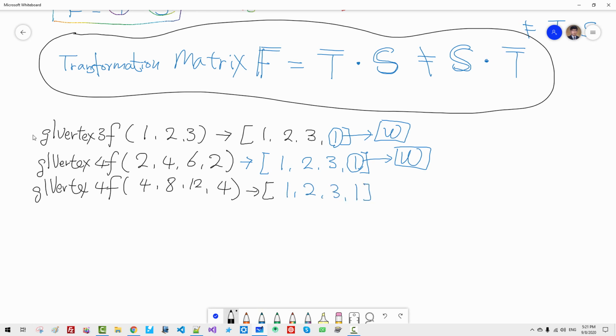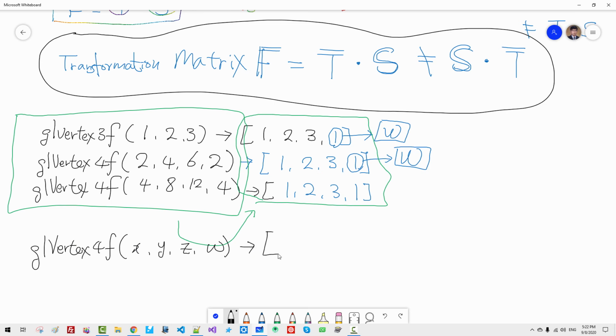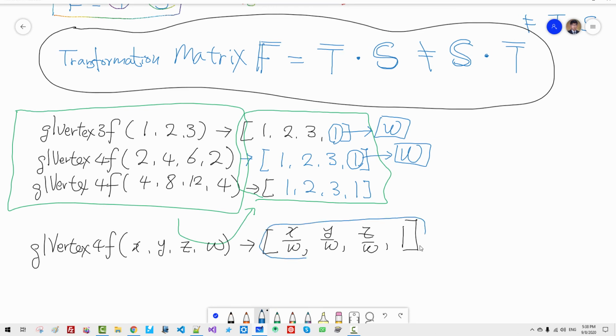In a nutshell, all these representations generate the same coordinates. That is, if you specify glVertex4f x, y, z, w, OpenGL generates x over w, y over w, z over w, 1. Such coordinate representation is called normalized device coordinates, or NDC.